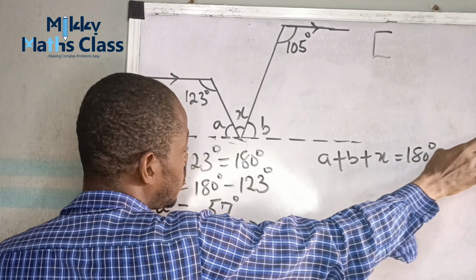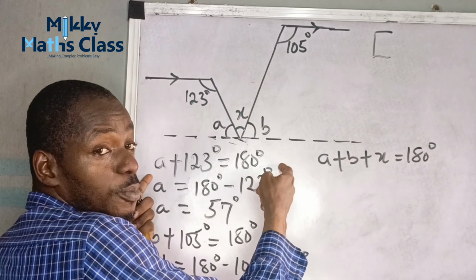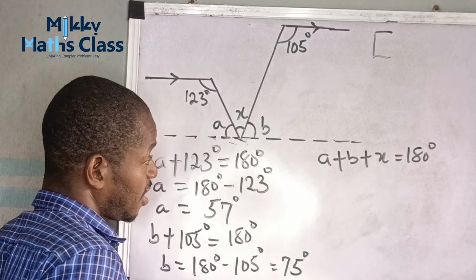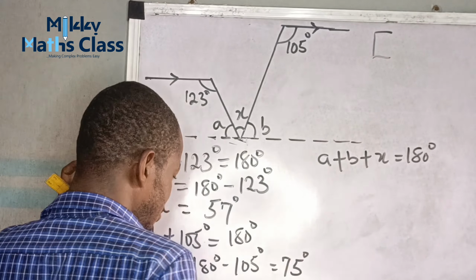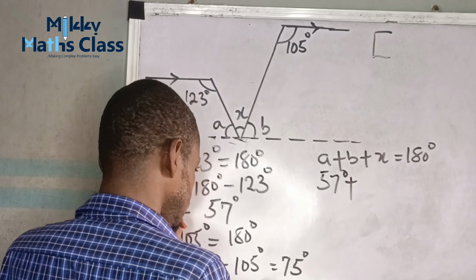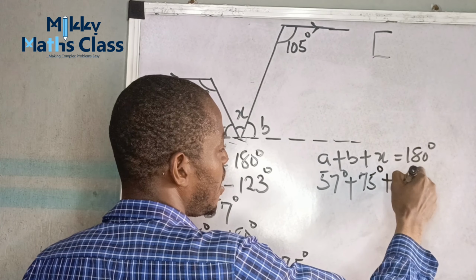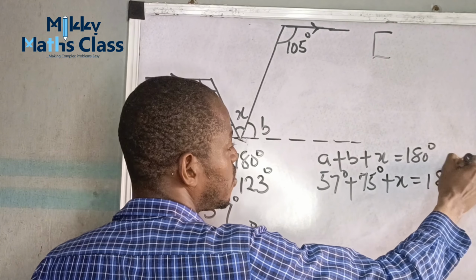Open bracket, sum of angles on a straight line sum up to 180 degrees. In this place, I'll open my bracket and put co-interior angle. So this becomes our A. We already know that our A is 57. So 57 plus 75 degrees plus our x is equal to 180 degrees.